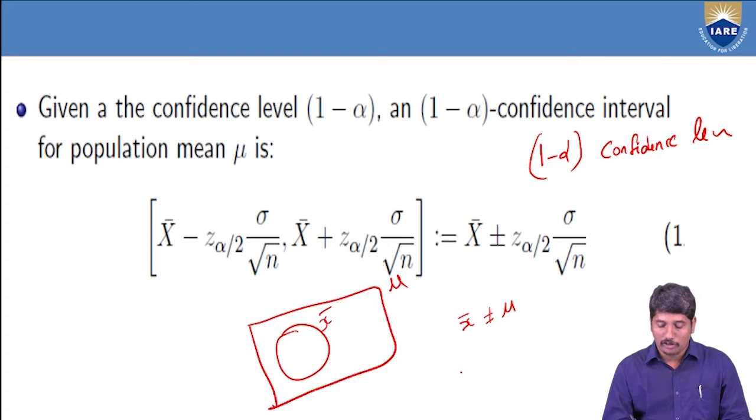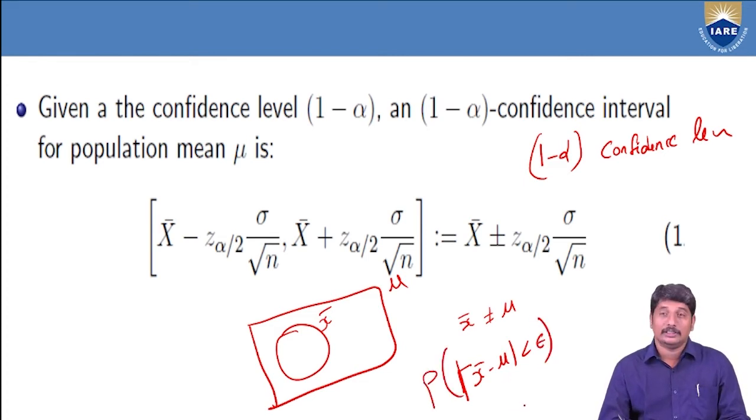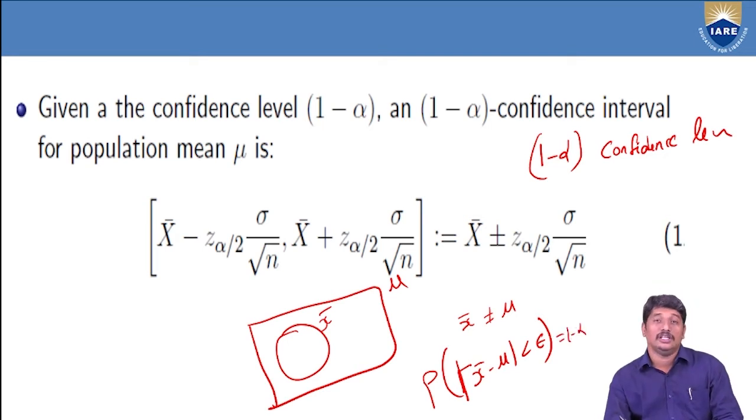But if we are confident that the difference between x bar and mu will be less than a very little specified epsilon, the probability of that is called the level of confidence.